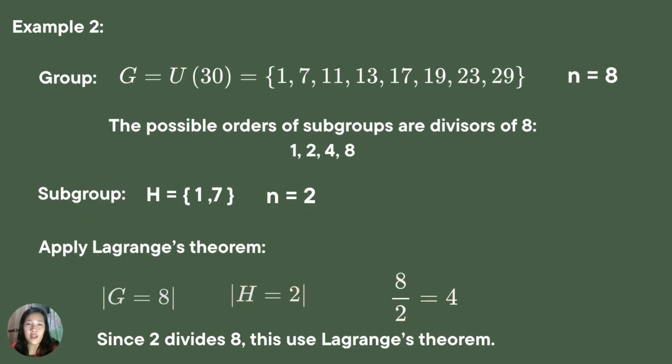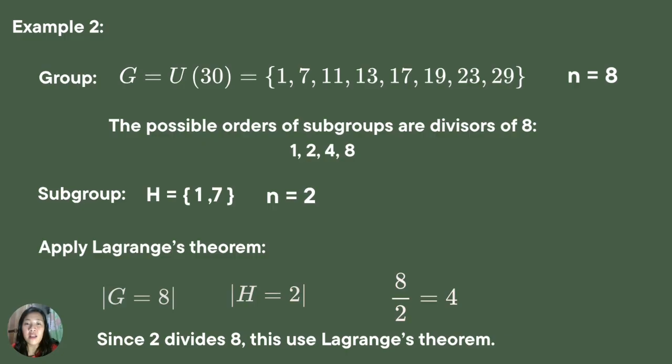Good day, everyone. I am Sarah Leanne Orozco, and today I will discuss example number 2. In this example, we are looking at the group of units modulo 30, written as U30. This group includes all numbers less than 30 that don't share any common factors with 30 except for 1.